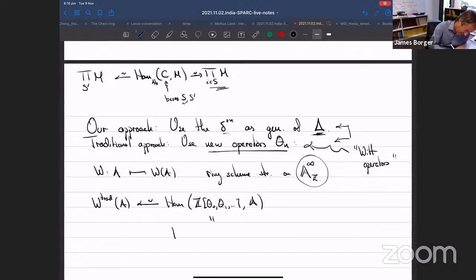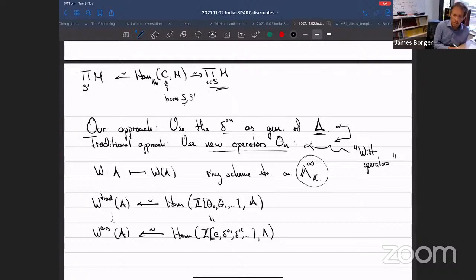This is literally the same thing as Homs from this other generating set, because they literally generate the same algebra. And then this is isomorphic to ours, W ours. And they're both infinite length vectors, but the map between them, the ring structures are completely different.